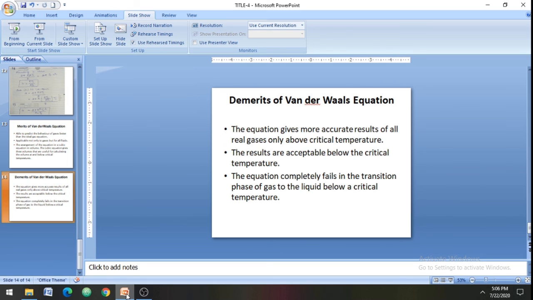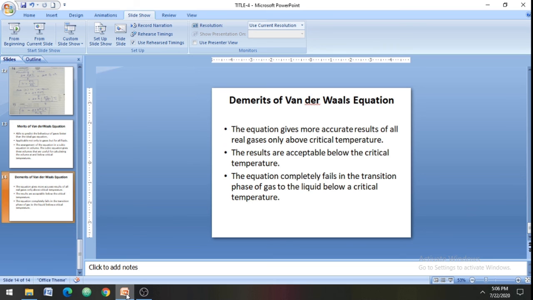The results are acceptable above the critical temperature, but below the critical level they are not accurate. So above critical temperature only, these results are more accurate. This is the demerit or limitation of the van der Waals equation.